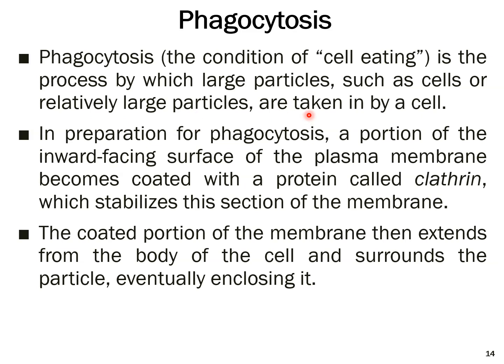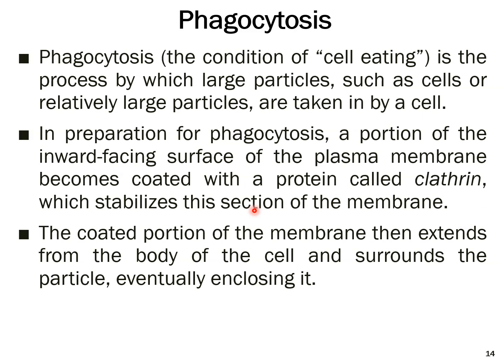In preparation for phagocytosis, a portion of the inward facing surface of the plasma membrane becomes coated with a protein called clathrin, which stabilizes this section of the membrane. So the portion of the plasma membrane which is forming an invagination towards the inside is coated with a protein called clathrin.